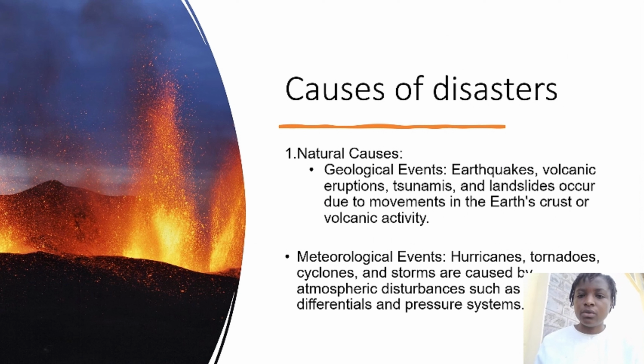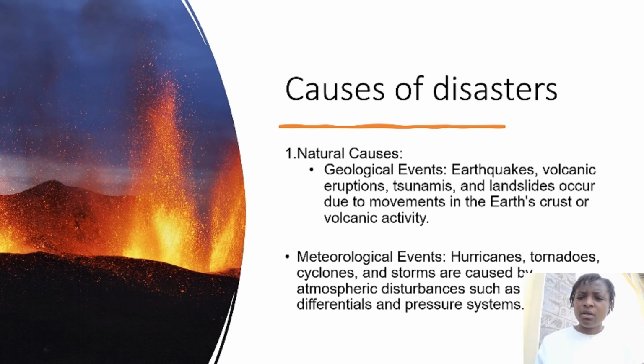So let me talk about the causes of disasters. There are different activities or natural causes that can cause disasters. So the first cause of disaster is natural cause. Natural causes have different categories. First is geological events.